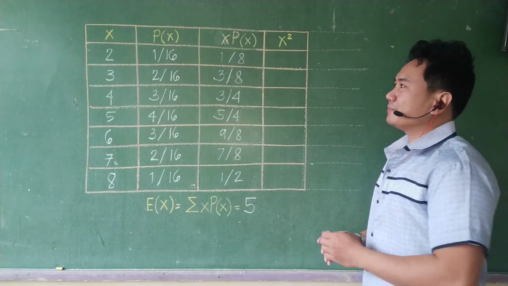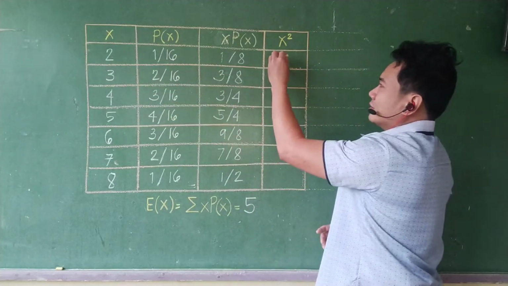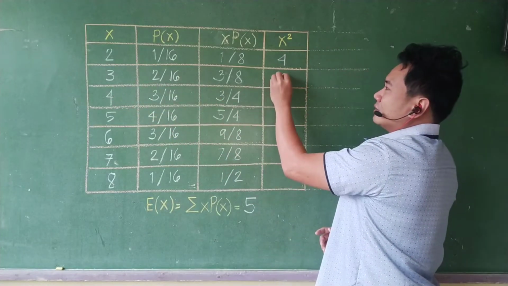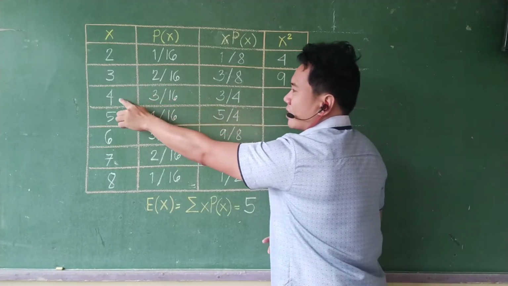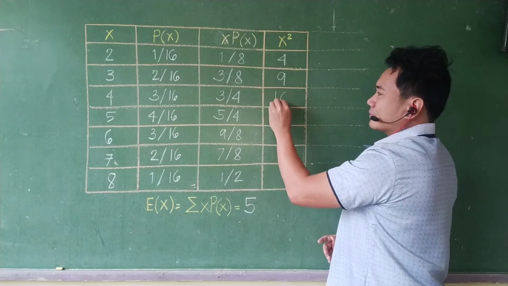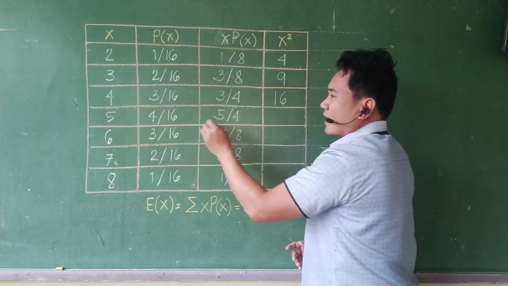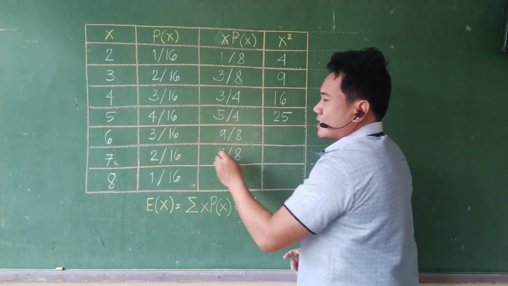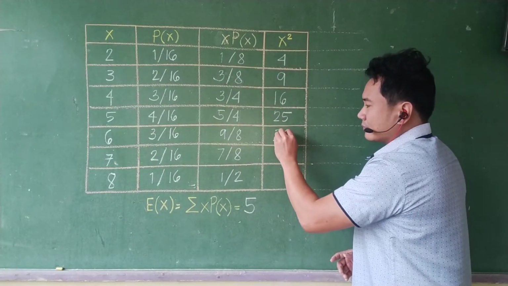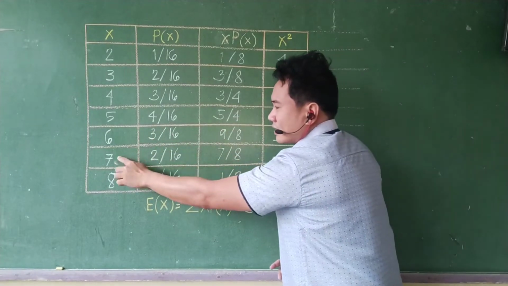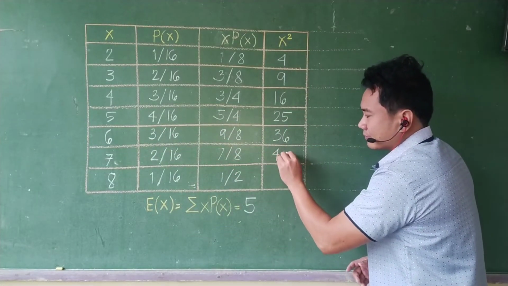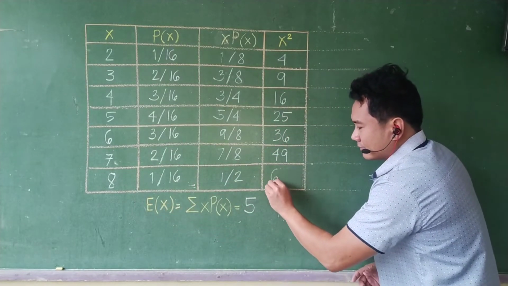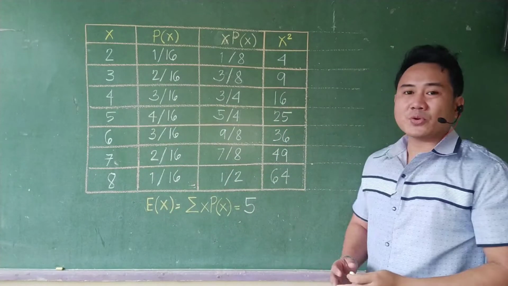Let us begin. 2 squared is 4. 3 squared is 9. 4 squared, 16. 5 squared, 25. 6 squared is 36. 7 squared is 49. And last, 8 squared is 64.